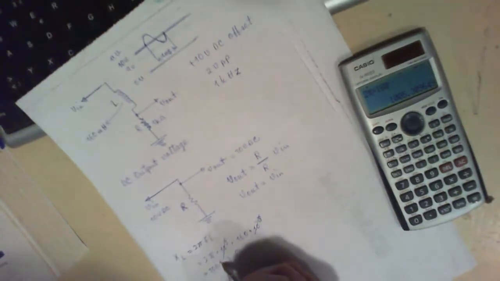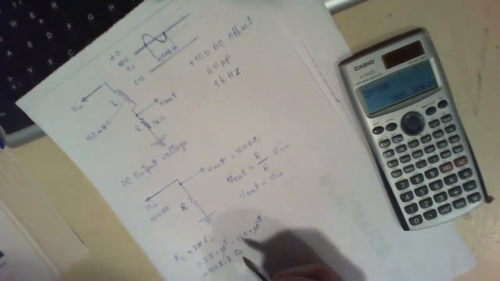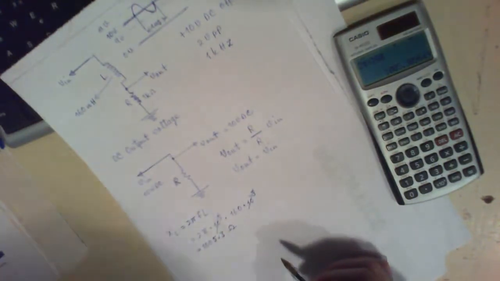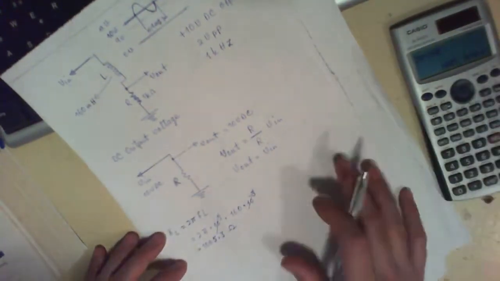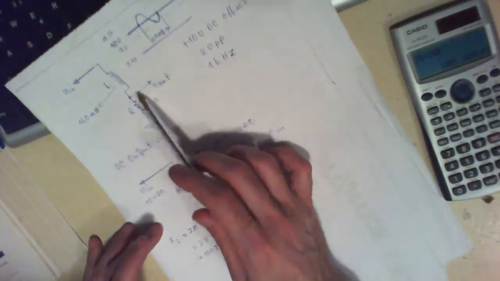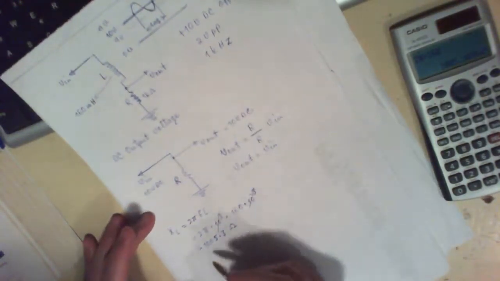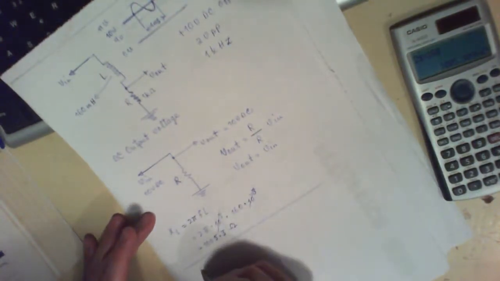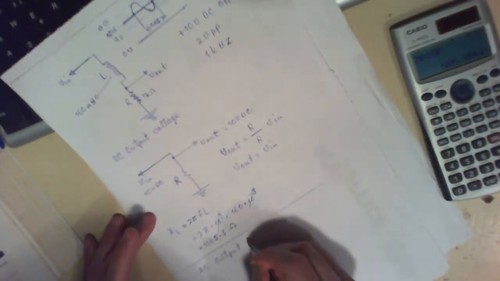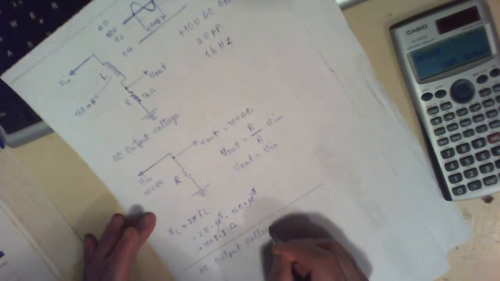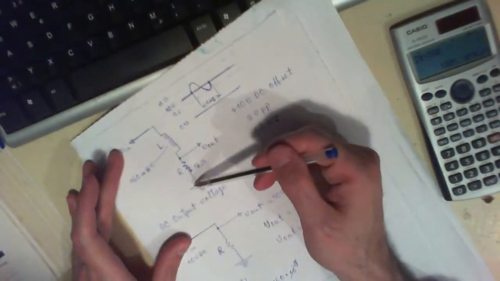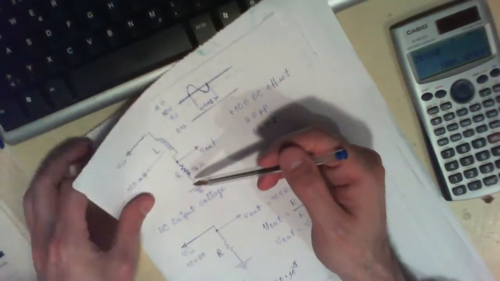Okay, so that is that. Now if you want to find the AC output voltage, what you're doing is monitoring the voltage across this resistor.